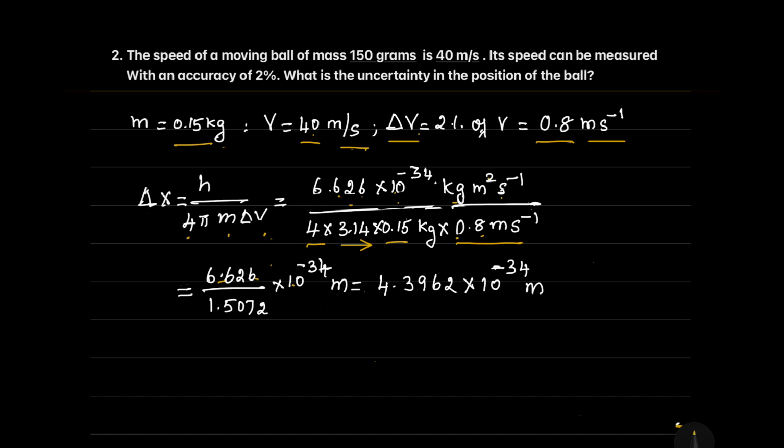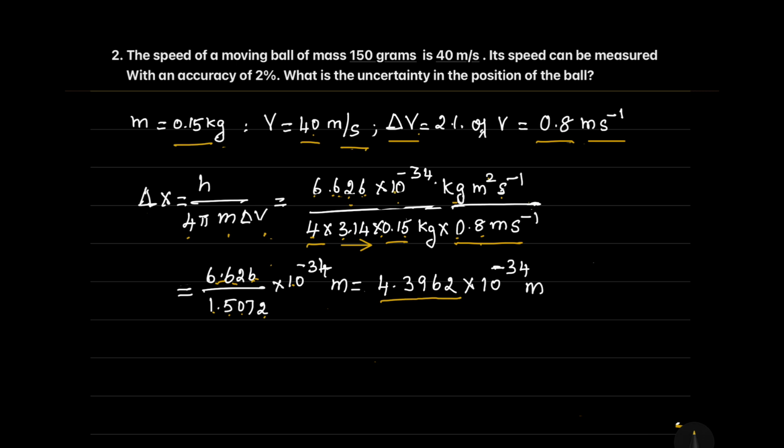On simplifying the numerical part, that is 6.626 divided by 4 into 3.14 into 0.15 into 0.8, we get 6.626 divided by 1.5072. This on simplification gives 4.3962.